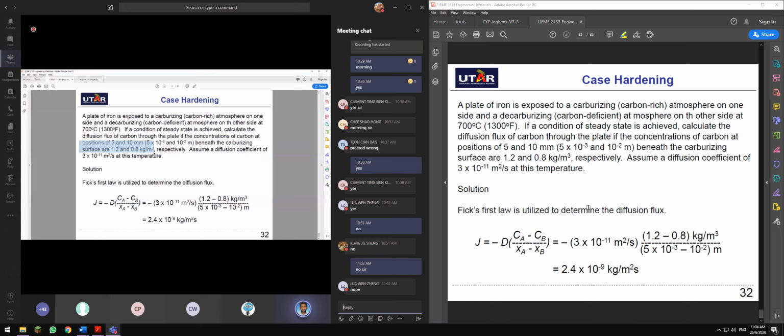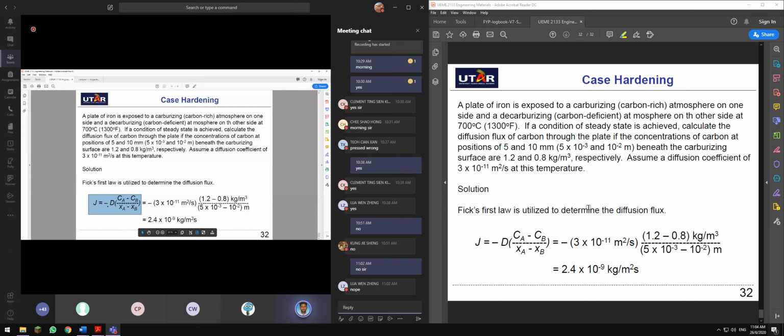So this is the concentration at the position of 5 mm, which is 1.2, and 10 mm, which is 0.8. Assume the diffusion coefficient of 3 times 10 to the power of negative 11 meter square per second at this temperature. So this is the diffusion coefficient. They ask you to calculate the diffusion flux.